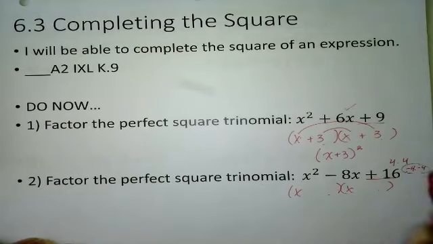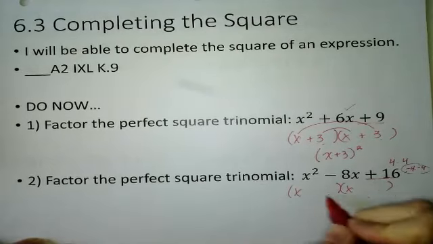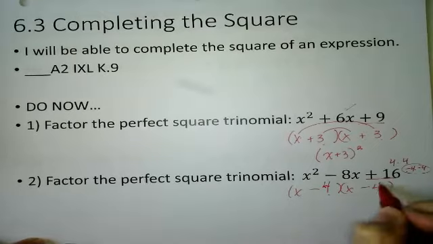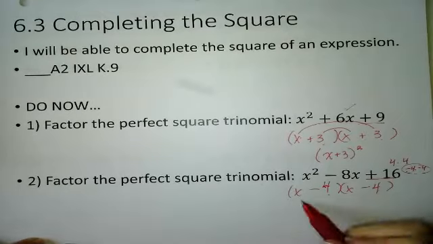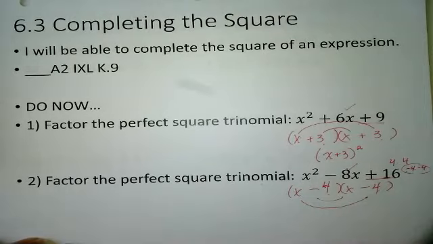And that is the winner because we want our middle term to be negative. So negative 4 and negative 4. Again, if you check the rainbow, negative 4x and negative 4x is how we get that middle term. So I can clean it up a little bit by writing it as a perfect square binomial.